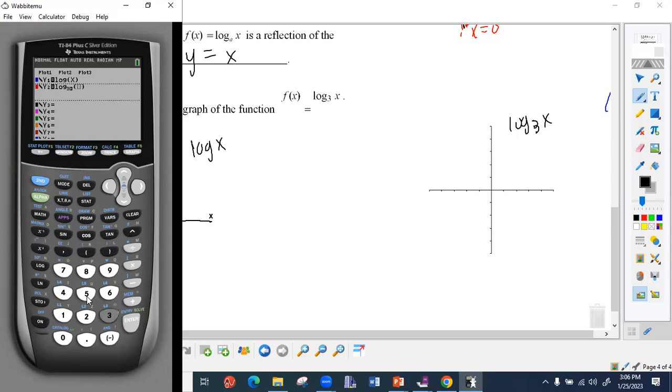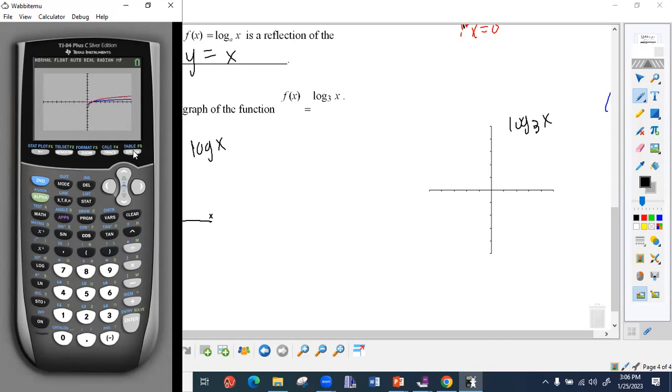So we have 3, x. When we graph, our blue will be our common log and our red will be our base 3. So there's our common log and there's our log base 3.